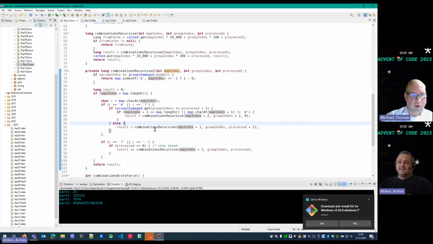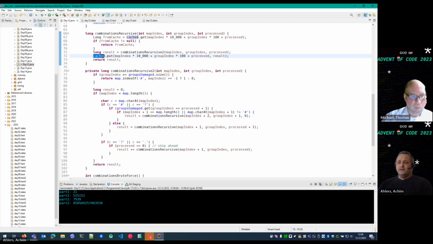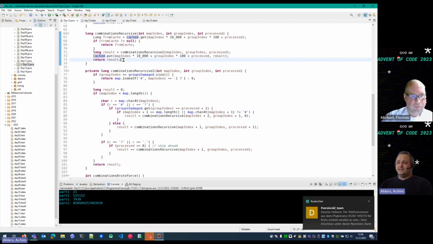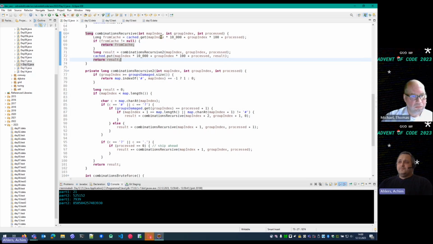Wow. One thing that helps with speed is caching. Point is, you can cache partial results. Because if you are at a certain map index with a certain group index with a certain processed counter, the result is always the same.